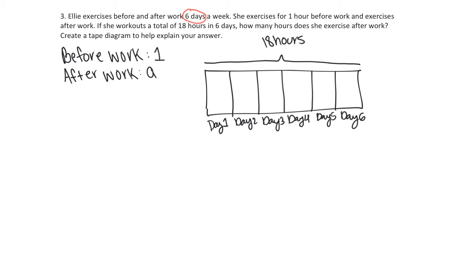We need to go ahead and put our values in for what we know for each box. So we know she works out 1 hour before work. And then we're going to add A for the amount of hours she works out after work.